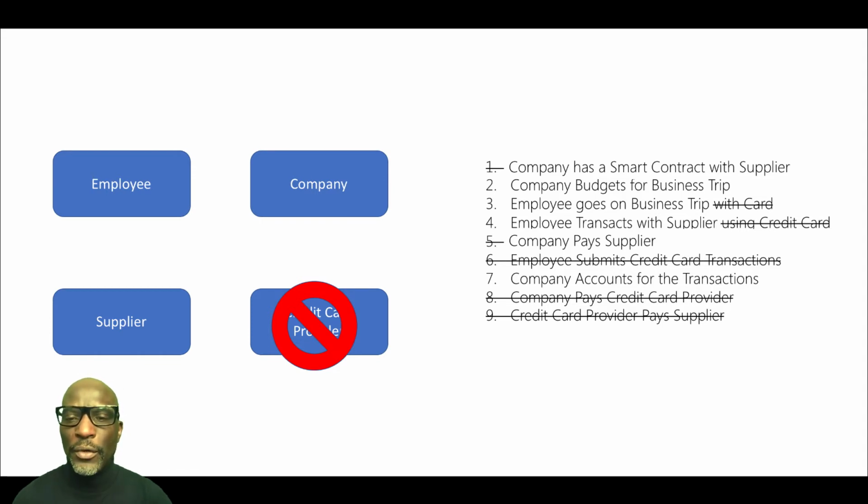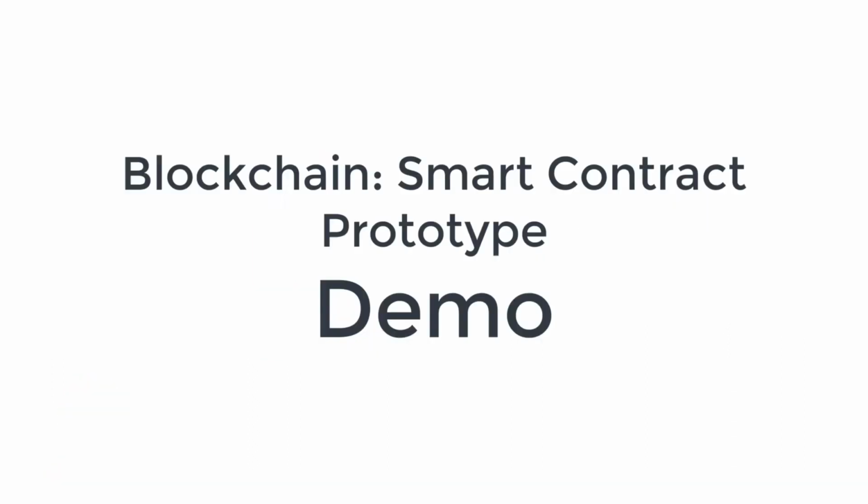So I'm going to take you through how this is done on the system. This is again just for demo purposes, just to see what happens, and we will see how easy it is to transact with supplier for the employee expenses using smart contracts.